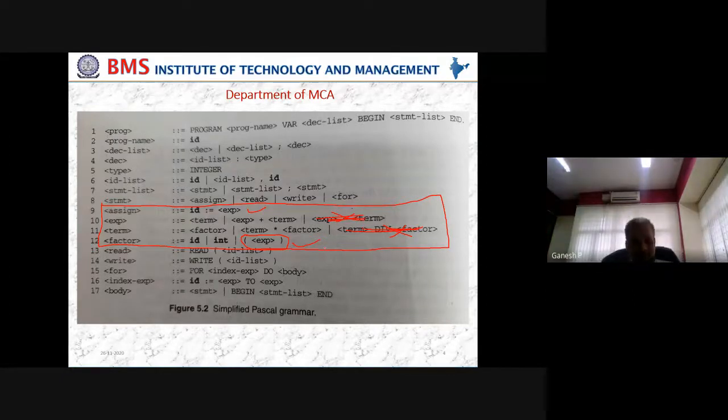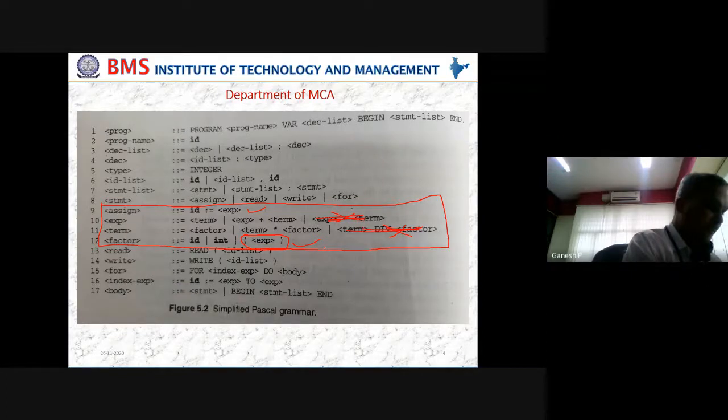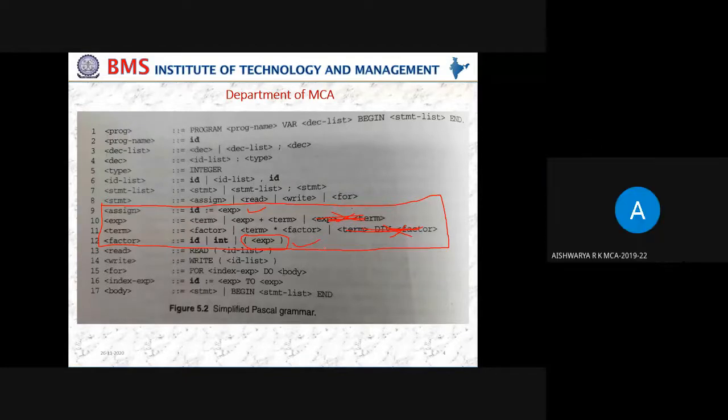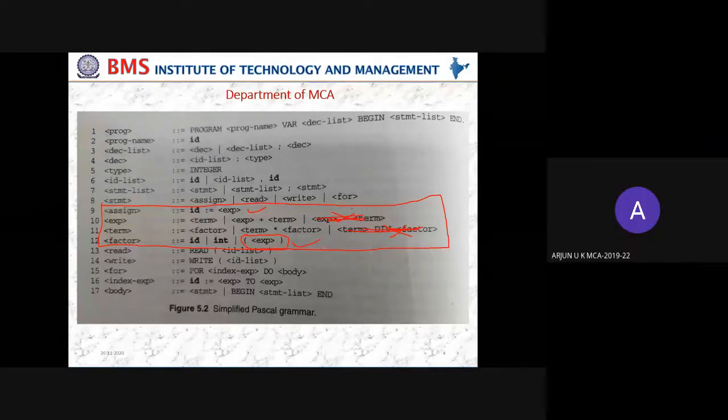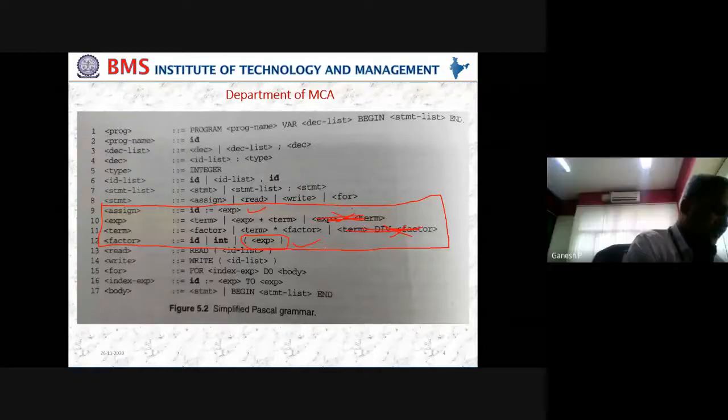So meanwhile, let me take the attendance. Asta? Abhinav? Yes, sir. Aishwarya? Present, sir. Ambrish? Yes, sir. Anu? Present, sir. Arjun? Present, sir. Ashok? Present, sir.